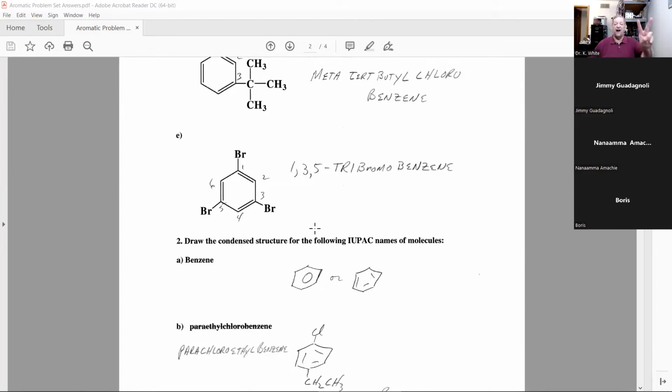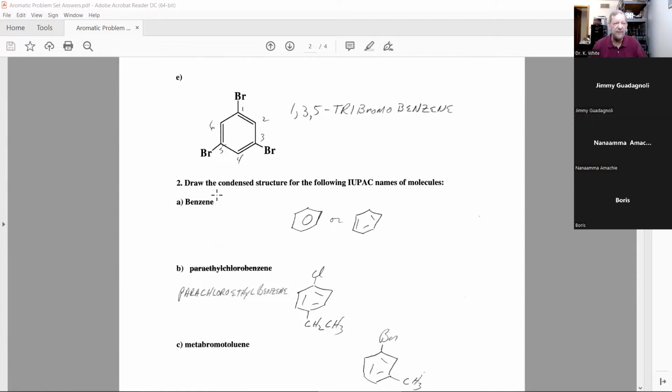And remember, di means 2, tri means 3. And here, you number always in such a way to give the lowest numbers. Since it's not 1, not 2, but 3 bromines on a benzene ring, bromine is bromo, tribromo. When you see di, you need 2 numbers here, tri 3, and you give them the lowest, and it'll be 1, 3, 5.